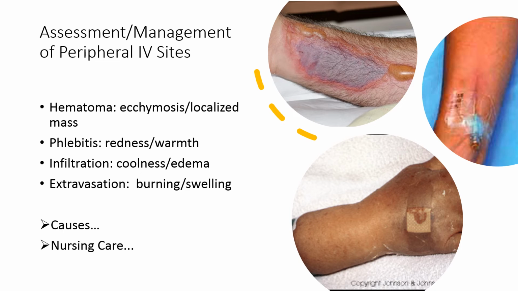Again, this is caused by the IV catheter becoming dislodged. So how do we treat this? It's going to depend on the severity of the infiltration, but we're going to stop that IV infusion. With some medications, it may require administration of an antidote, and we're going to apply a cool compress and elevate that extremity.